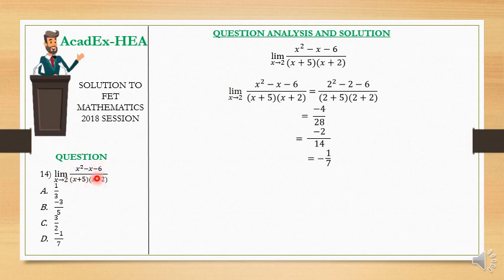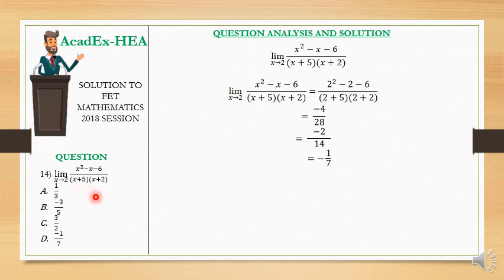If it does not give us a value, if we have an indeterminate form, then we proceed to remove the indeterminate form so as to have a limit. Remember, the limit as x approaches 2 of this function is the value of this function as x is coming to 2, as x is getting closer to 2.